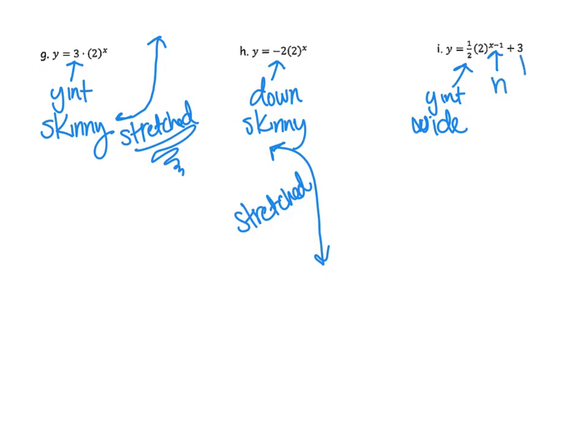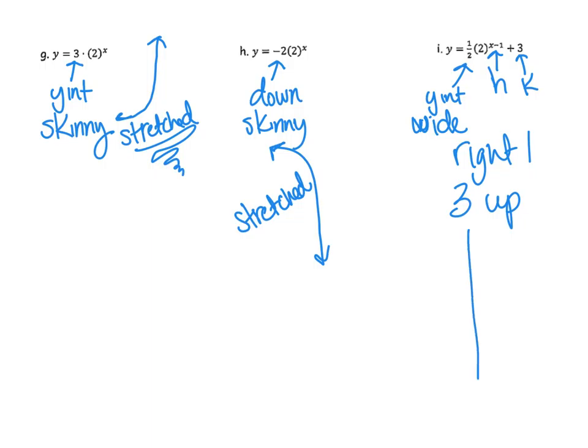Ooh, x minus 1. That's my H. 3 is my K. Tell me what's going to happen with my H and my K. Right 3. No, left. Right 1. 3 up. And how does that look? Well, here's the deal.